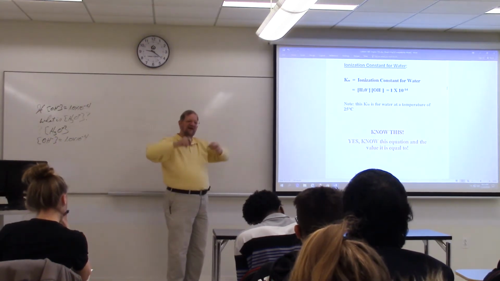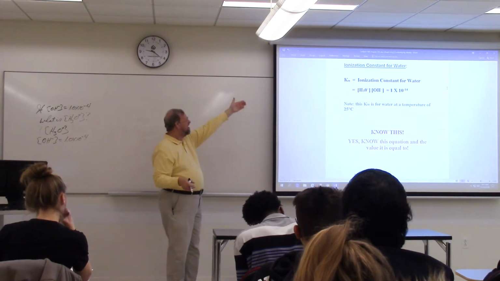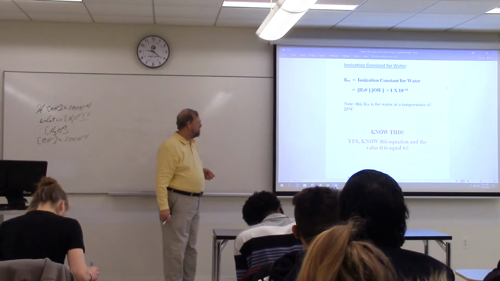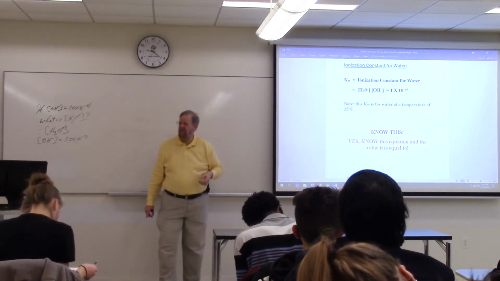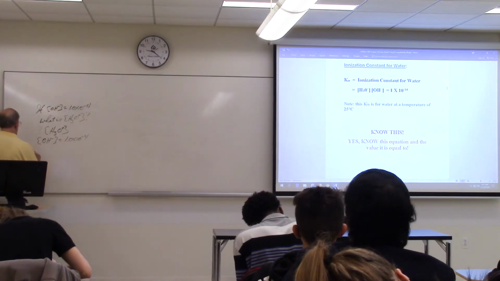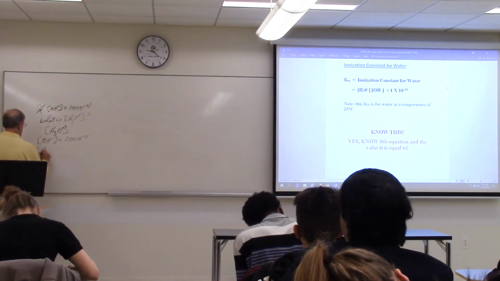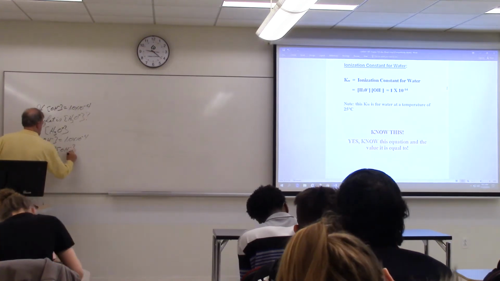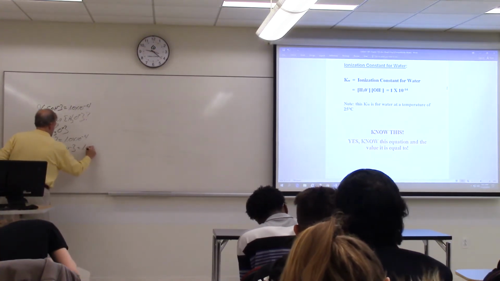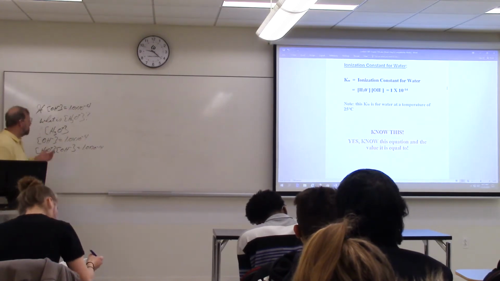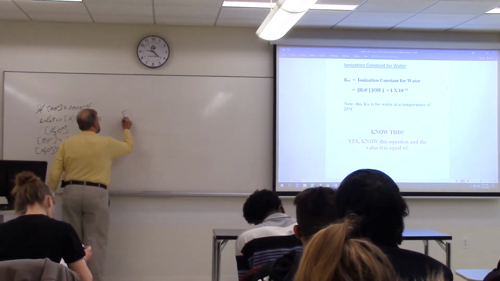Kw, not named after me, but I like to think so, is equal to the hydronium ion concentration times the hydroxide, which is equal to 1.0 times 10 to the minus 14. And that will be given to you. And now, therefore, I know to start with this.